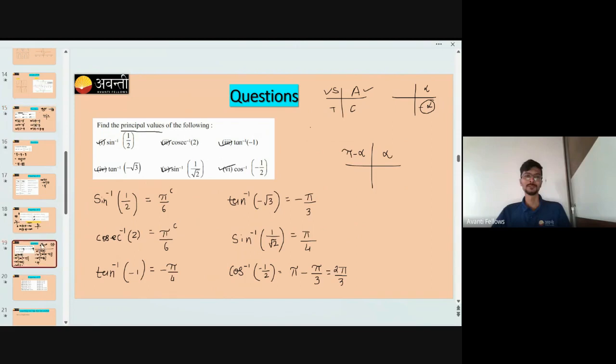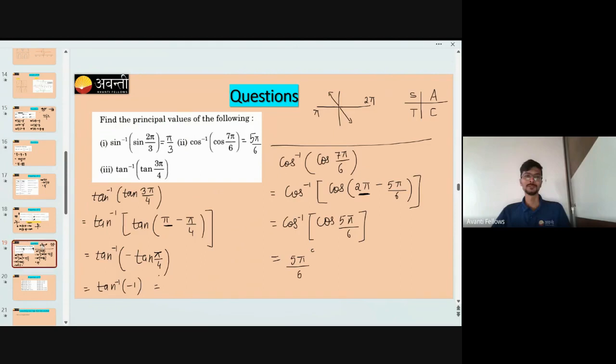Now I will hide this slide and let you answer. I have to give the principal value, meaning my answer should be in the first and fourth quadrant. This value is negative, meaning my answer will be in the fourth quadrant. But I need first quadrant alpha, and then minus alpha. So for the first quadrant, we ignore the negative.